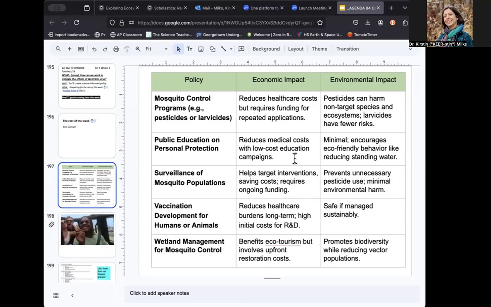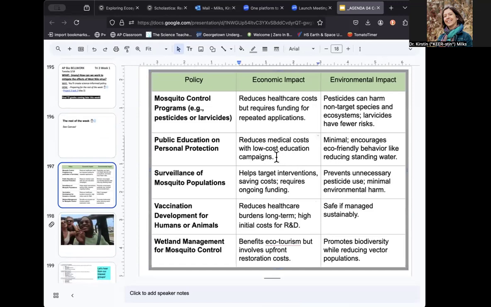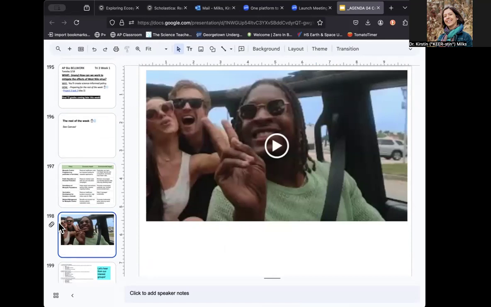One of the things that is interesting is that a lot of people think that education campaigns or public messaging doesn't work. I just wanted to show you this. You can click through. It's close to slide 200. The city of Miami Beach, which is this little island in Miami where the beaches are beautiful and there's a lot of nightlife. Frank and I had an opportunity to go a couple years ago.